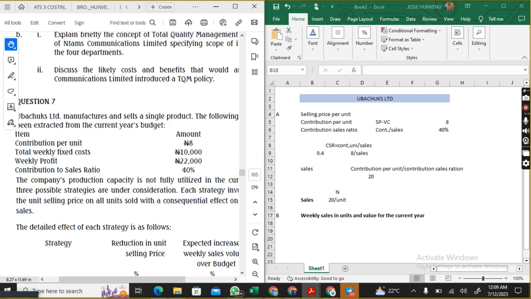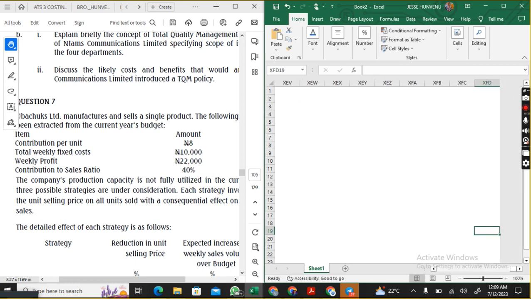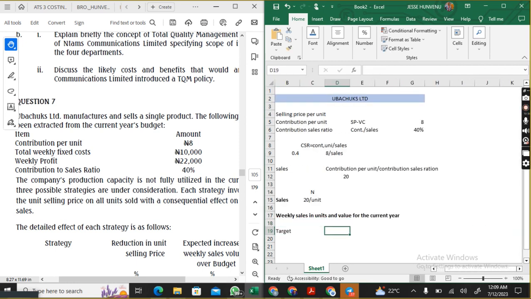Okay, now to get our total contribution, the target given is equal to our weekly fixed cost plus the weekly profit that we have here.